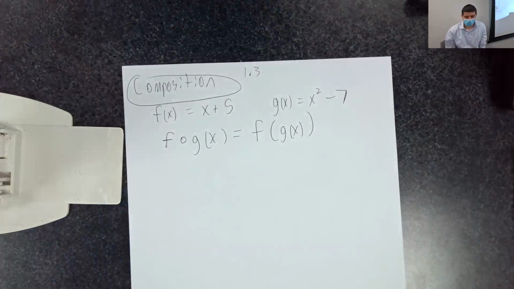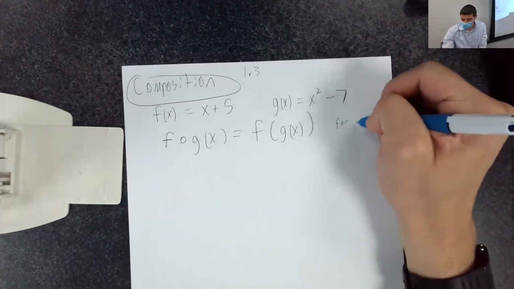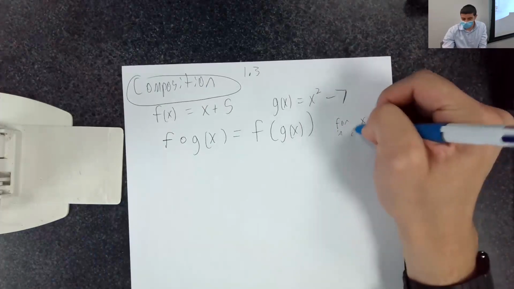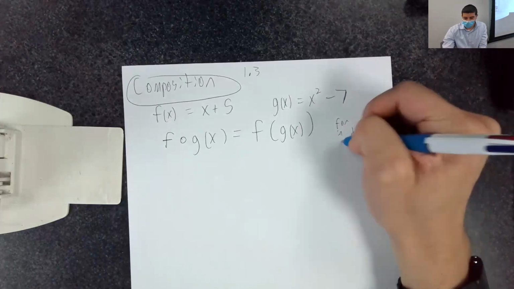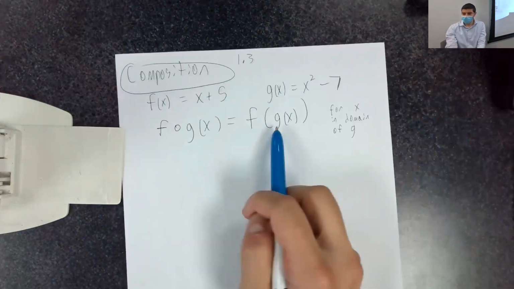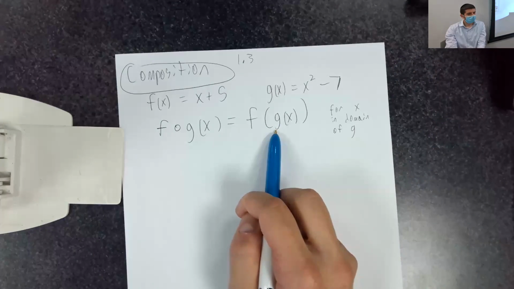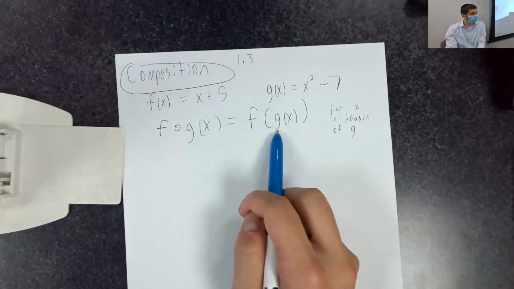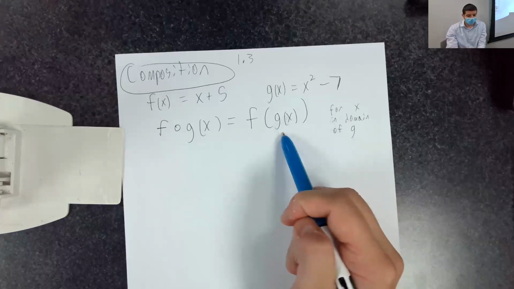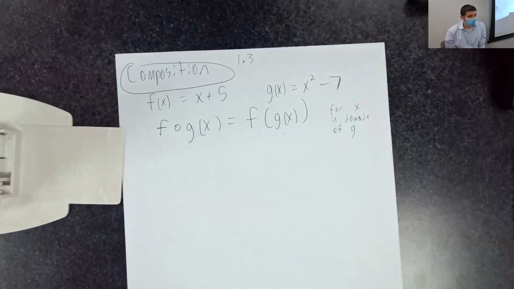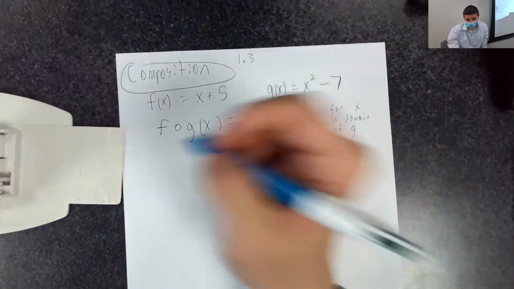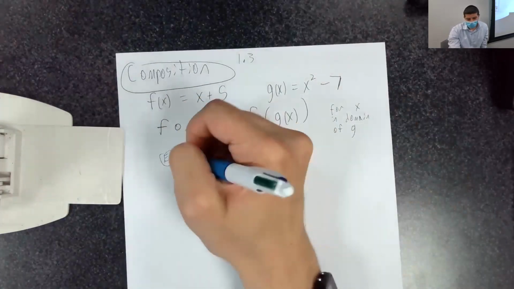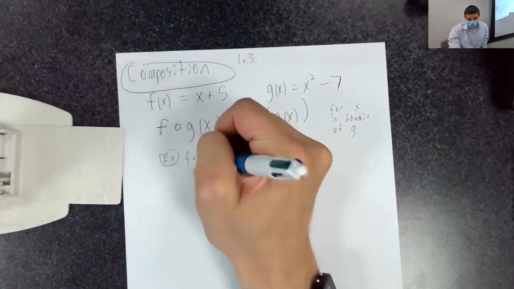So how does that look? And this is for x in the domain of g. Remember, you're first plugging it into g. You plug an x into g, g spits out an output, and that output you plug back into f. That becomes your input for f. As a little example, f of g of 3.